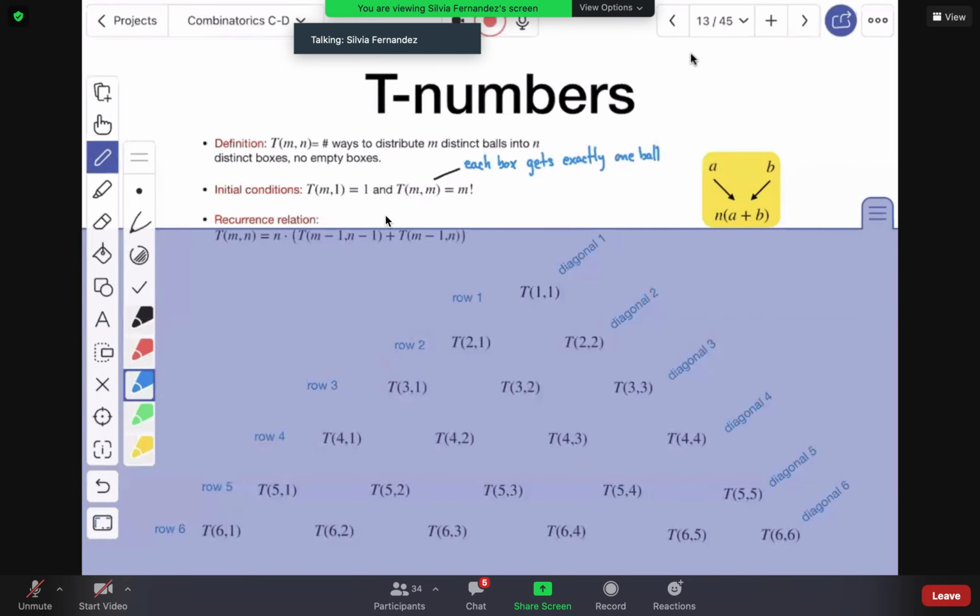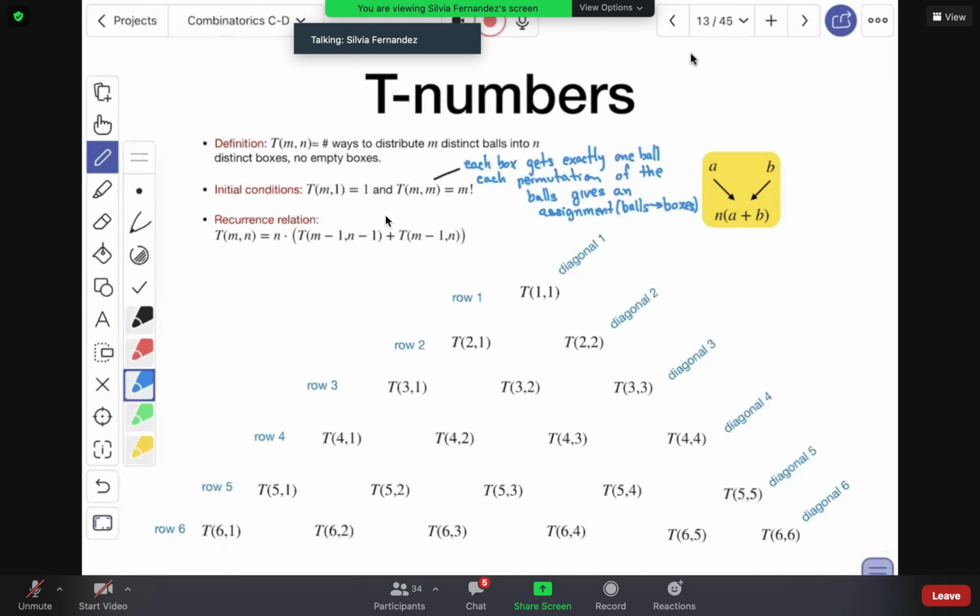So that's how you know that each permutation of the balls gives an assignment. Okay, so those are my initial conditions.